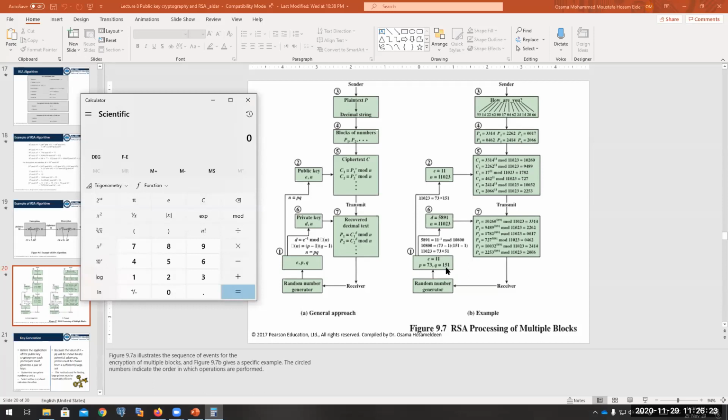It doesn't make sense, because he already proposed 73 and 151. These are the prime numbers. Then he subtracts 1: 72 multiplied by 150, not 151. This is 10,800.